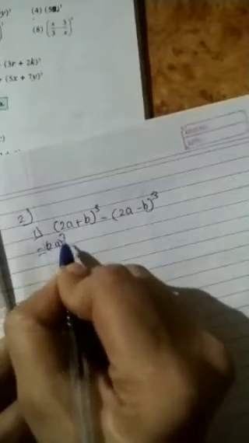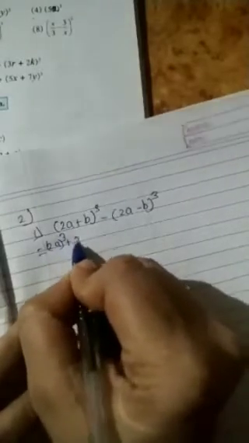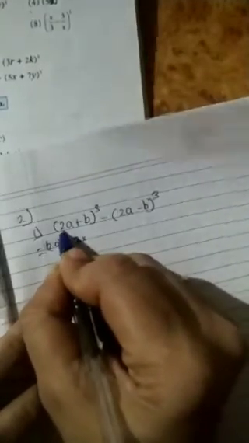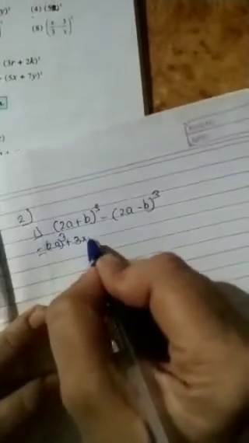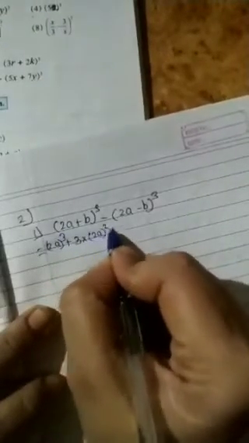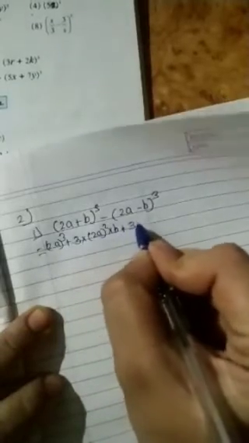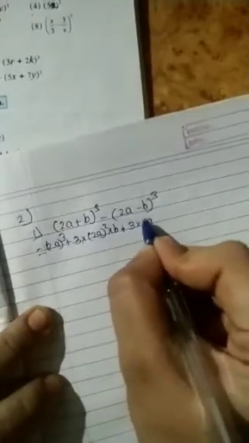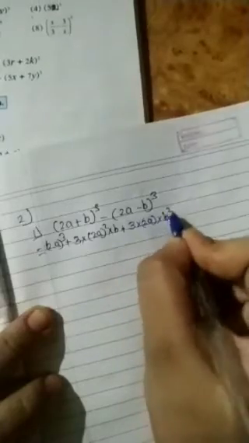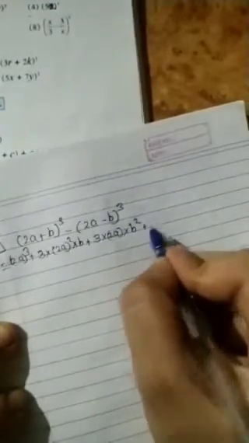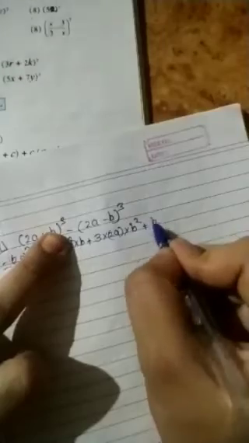That is 2a cube, 3 into 2a square b, plus 3 into 2a into b square, plus b cube.